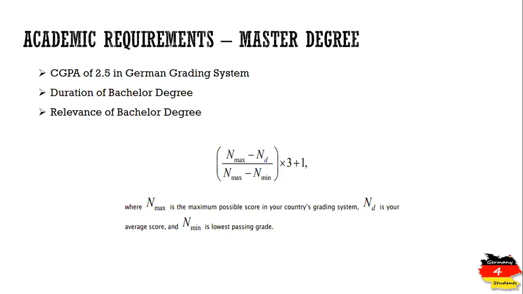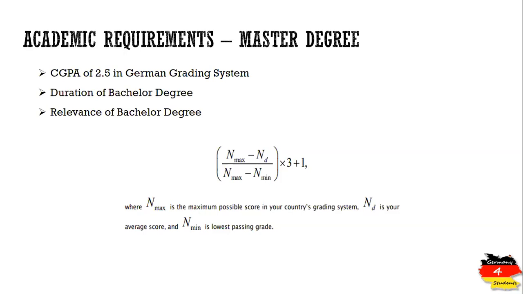It's very important to understand that the minimum is also required. Therefore, if you provide evidence of your grading system to the university, you also have to provide some document that states the minimum passing marks.